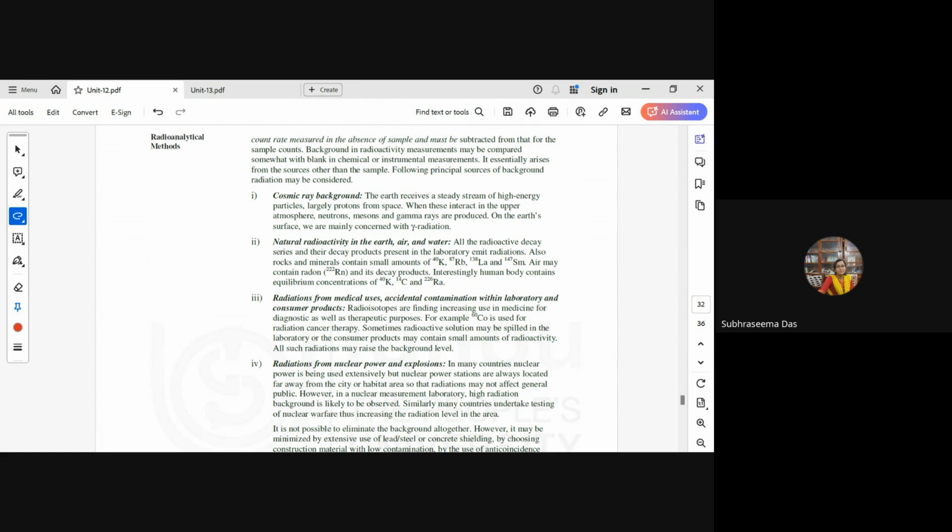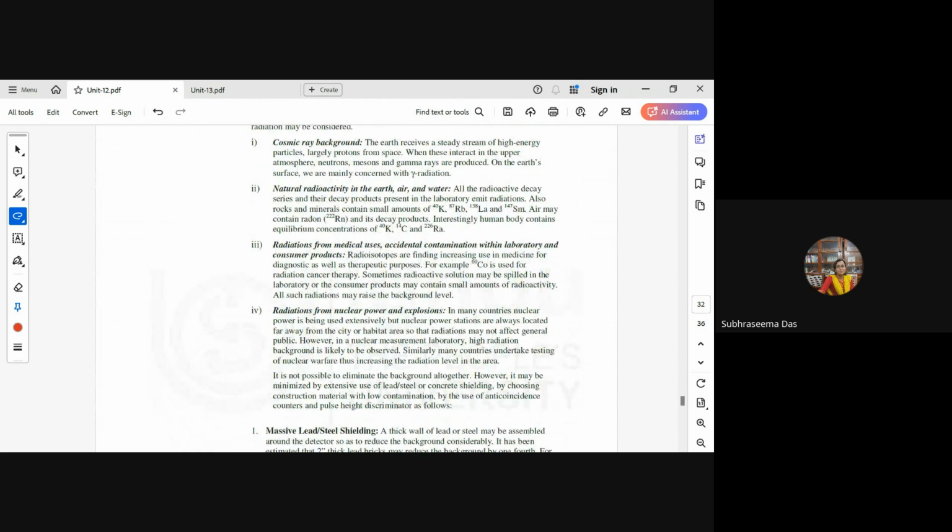We know all the radioactivity reactions present in the laboratory emit radiations. Also, radioactive isotopes are present in naturally occurring rocks and minerals. Air also contains a certain amount of radon and its products. Even the human body contains equilibrium concentrations of radioisotopes like 40K, 14C, and such.